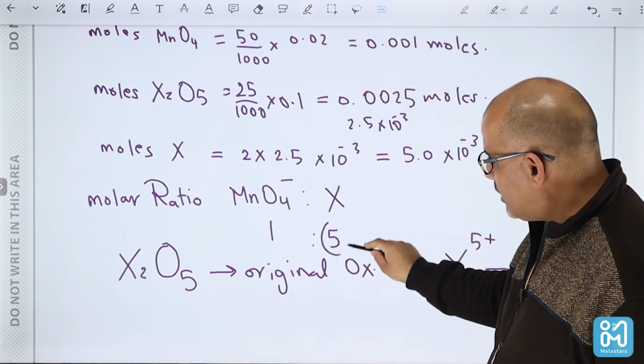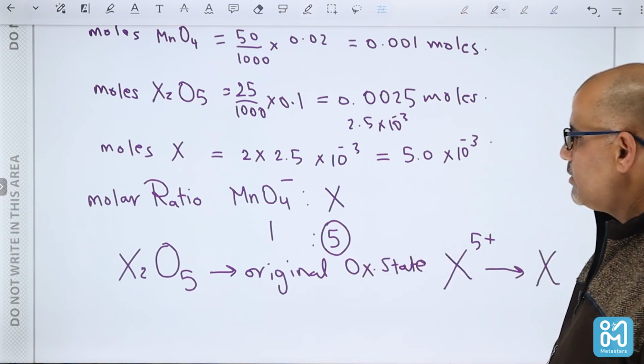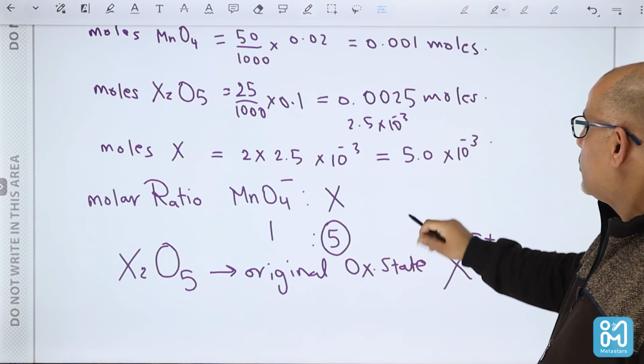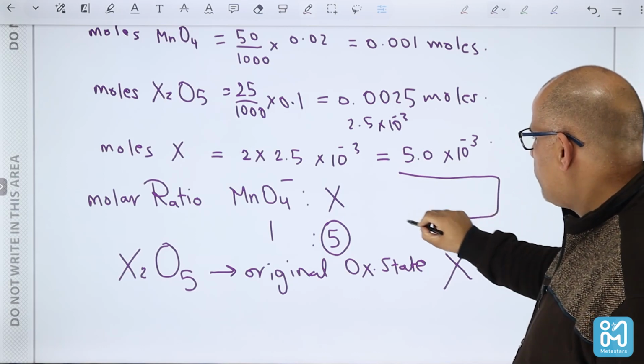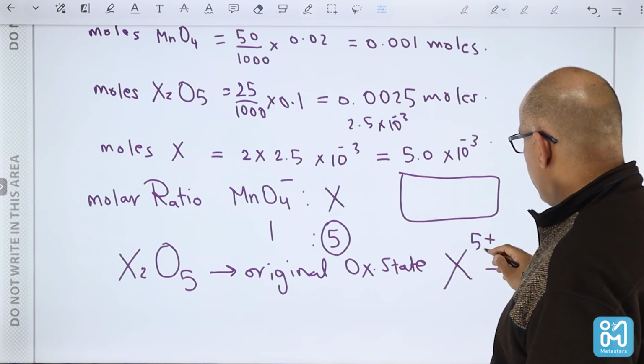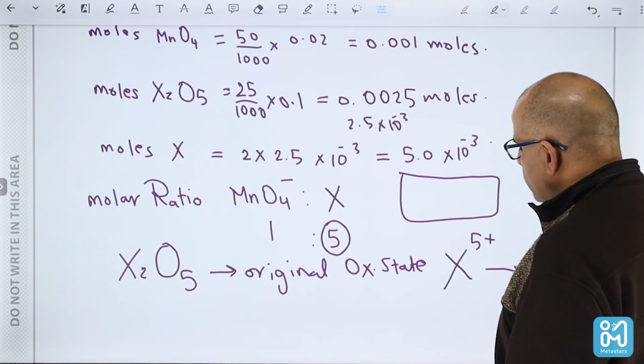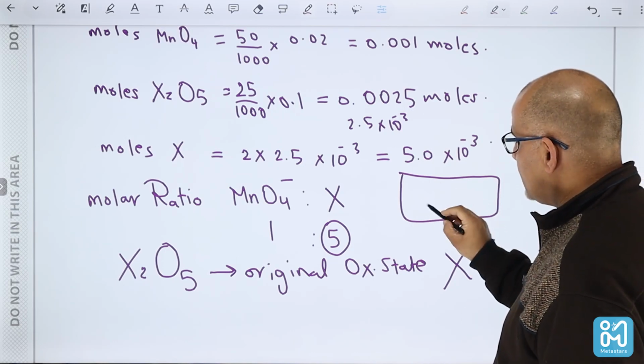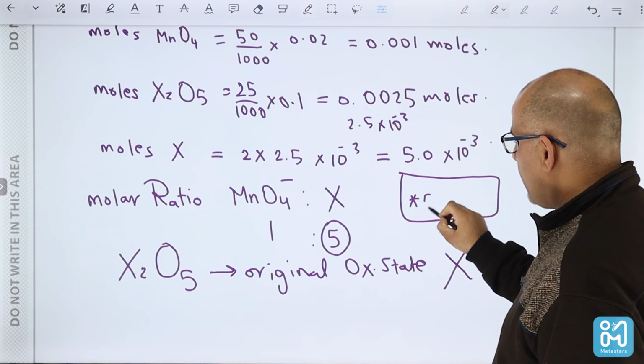Since it is a 1 to 5 ratio, we multiplied the equation of the reduction of positive 5 to the lowest oxidation state by 5.